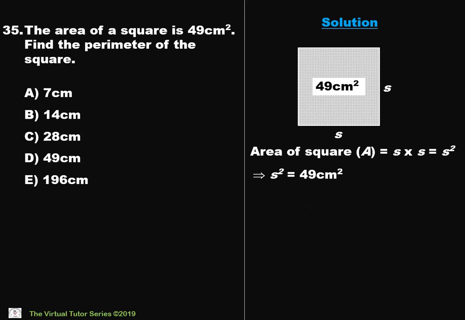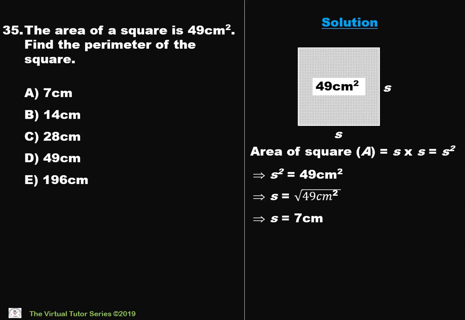This implies that s squared is equal to 49 centimeters squared. We solve for s by finding the square root of each side of the equation. That is, s is equal to the square root of 49 centimeters squared. The square root of 49 centimeters squared is 7 centimeters. Therefore, a side of the square is 7 centimeters.